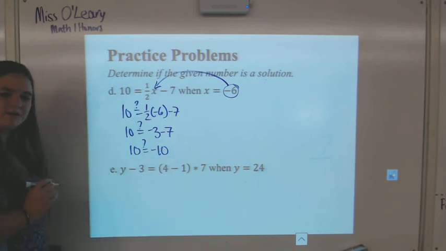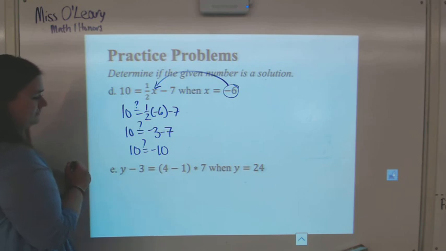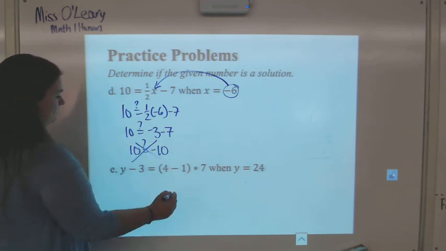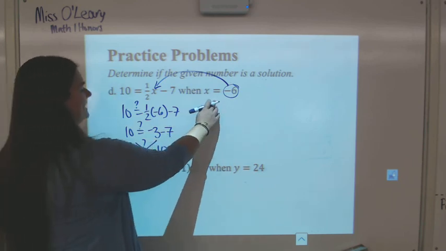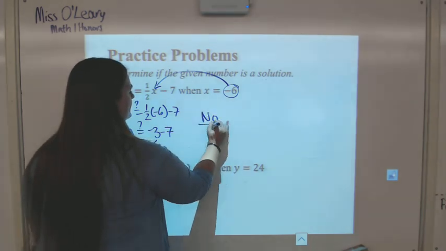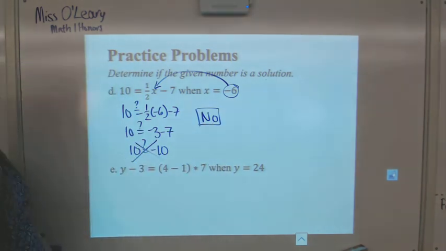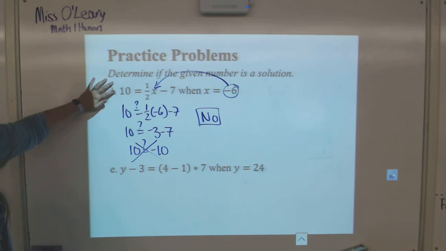When I combine all these terms and I get down to my last space here, I have 10 equals -10. Well, that's not true. 10 does not equal -10. So x equals -6 is not a solution. Now, if I look at this expression here, there is a solution. It just doesn't happen to be -6.